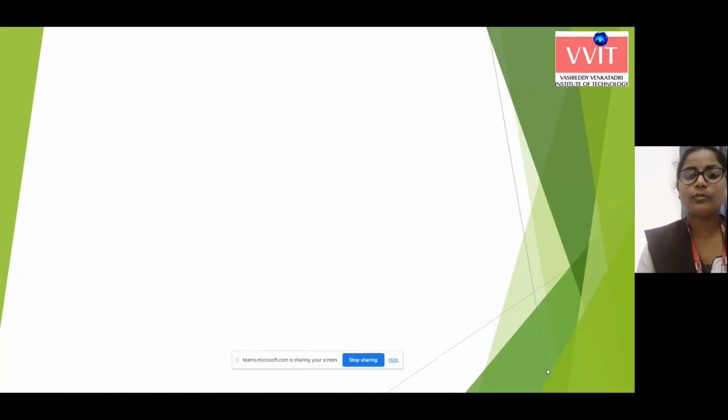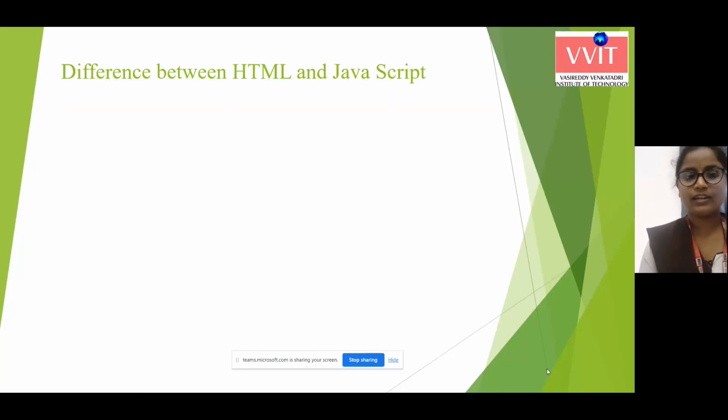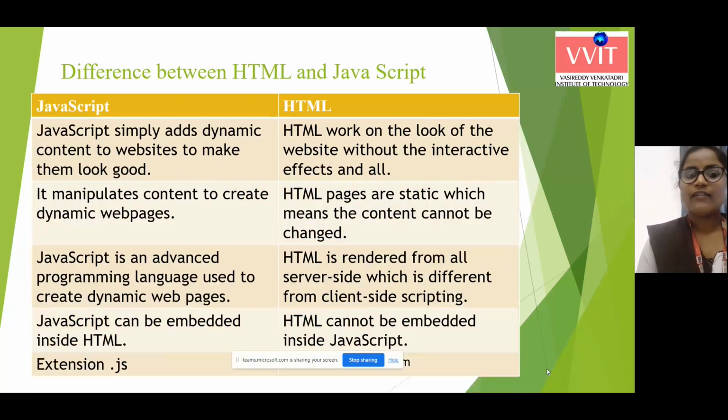And there are many scripting languages other than JavaScript. One of them is HTML. The differences between HTML and JavaScript are seen below. JavaScript simply adds dynamic content to a web page.